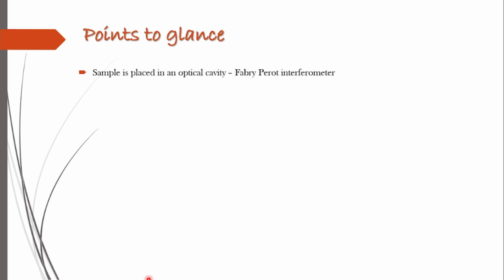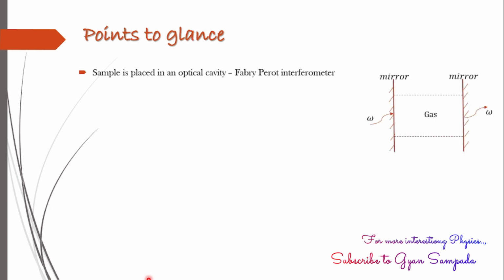So by keeping all these ideas in mind, some of the points to remember at a glance are, if we are considering the laser operation, the sample is placed in an optical cavity composed of two parallel mirrors, which we are observing here, and this is nothing but the Fabry-Perot interferometer.